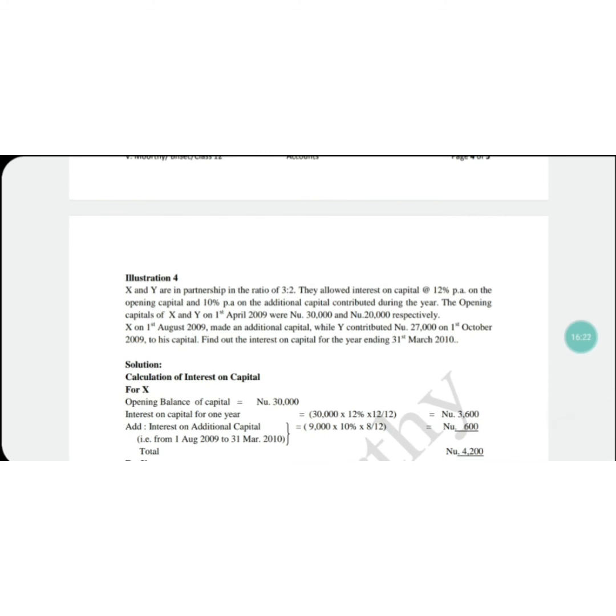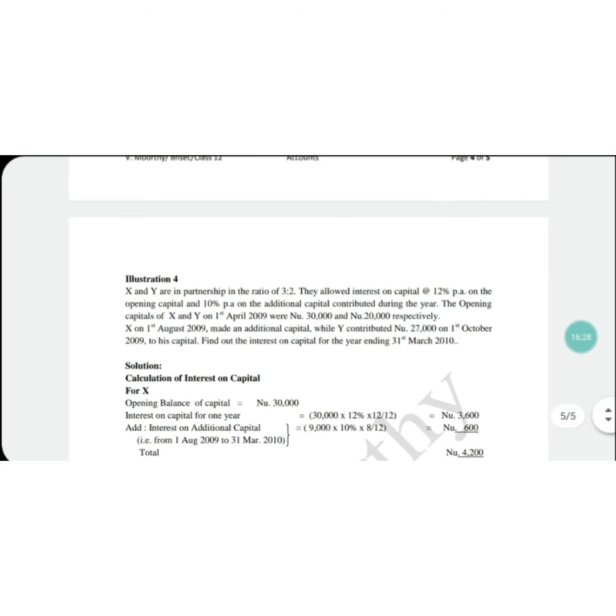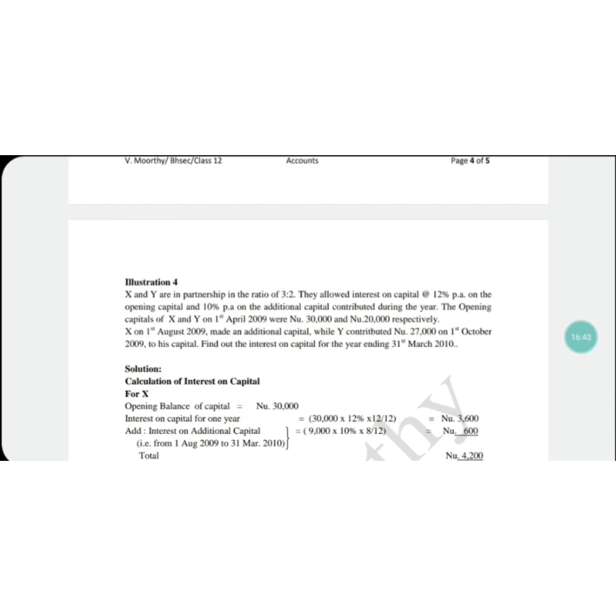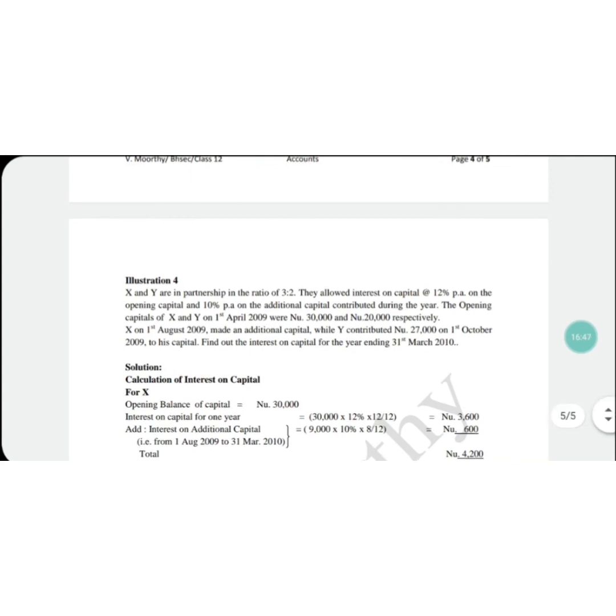The opening capitals of X and Y on 1st April 2009 were 30,000 and 20,000 respectively. X on 1st August 2009 made an additional capital contribution, while Y contributed 27,000 on 1st October 2009 to his capital. Find out the interest on capital for the year ending 31st March 2010.